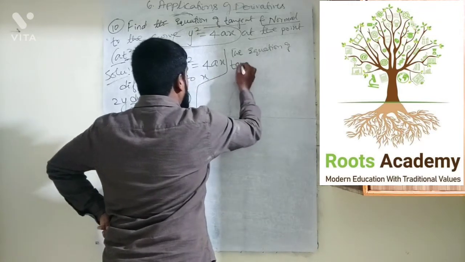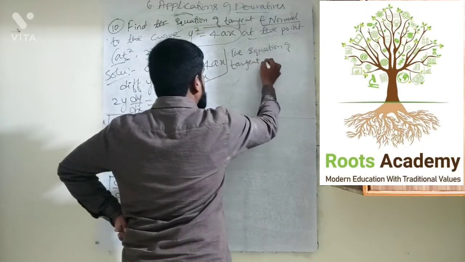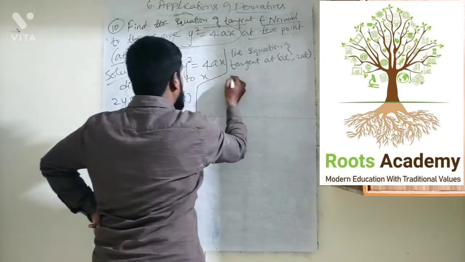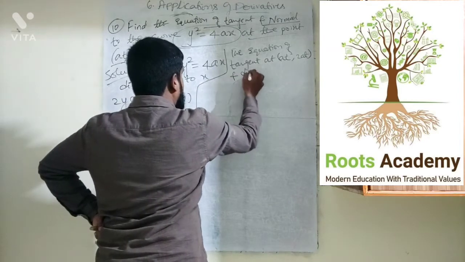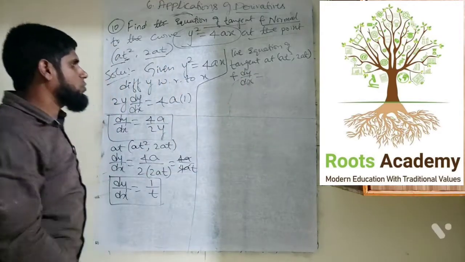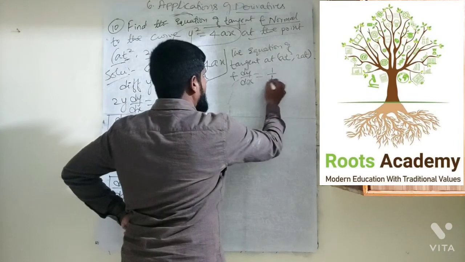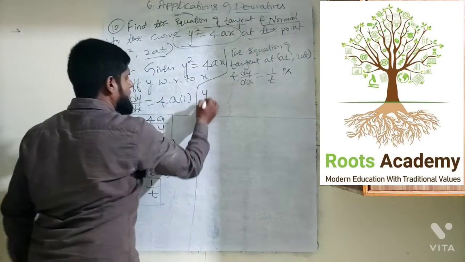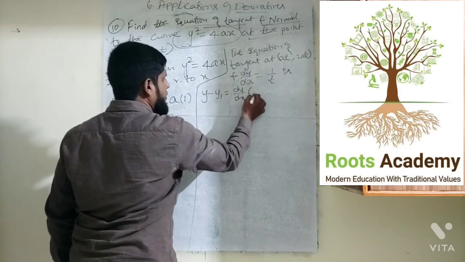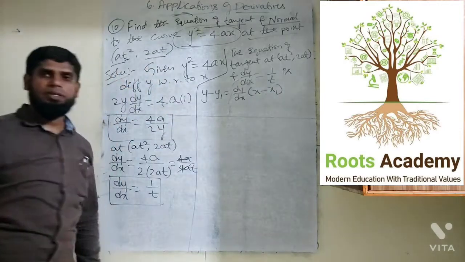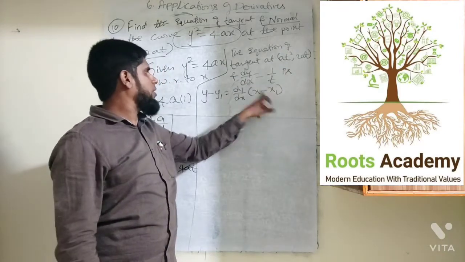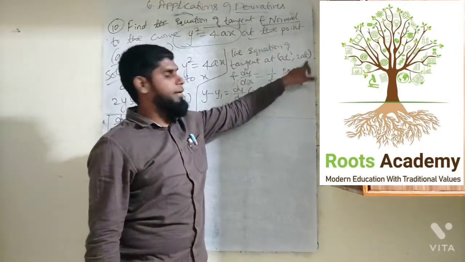The equation of tangent at at square comma 2at and dy by dx is equals to 1 by t is y minus y1 is equals to dy by dx into x minus x1. x1 is at square and y1 is 2at.